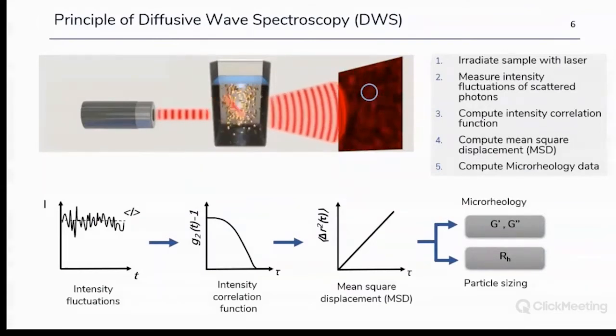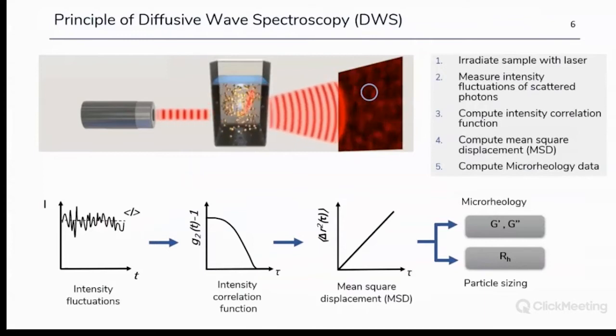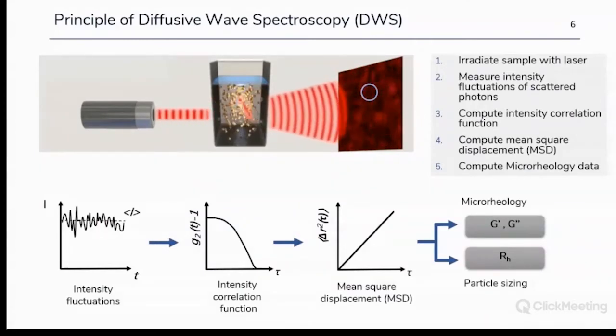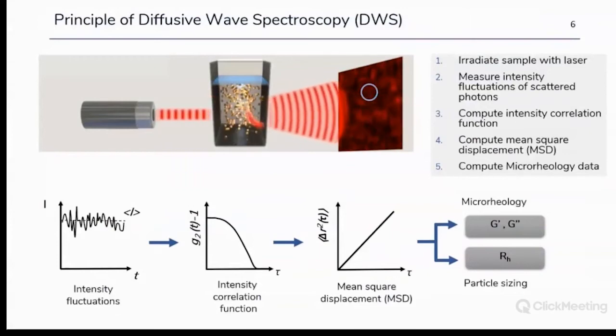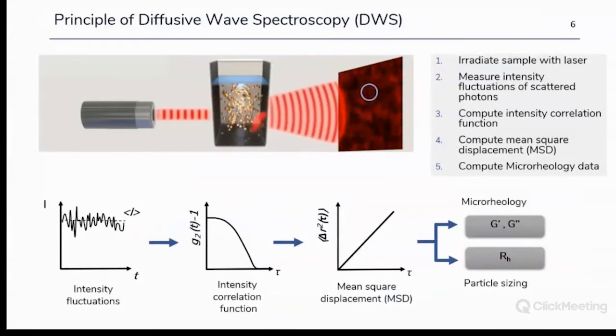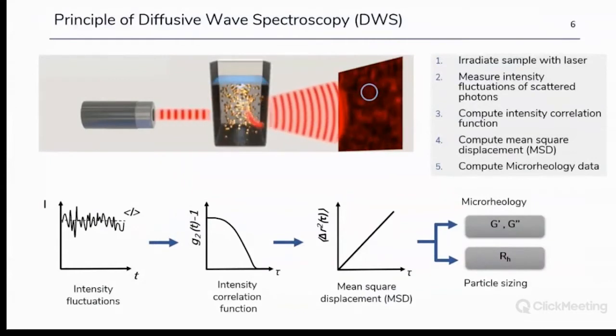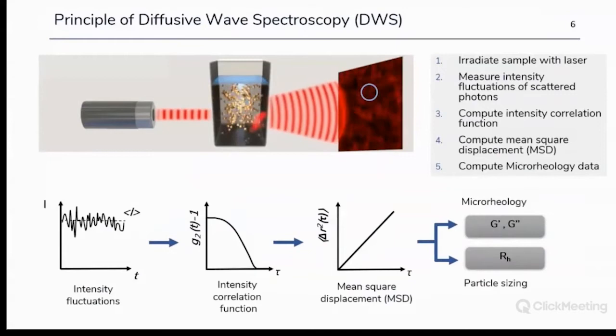The detector will record the evolution in time of the intensity scattered by the sample, which is the raw signal being acquired. Now, it is clear that at each moment in time the particles will be in a certain configuration, and by diffusing and probing the sample, the scattering pattern will be different in time.